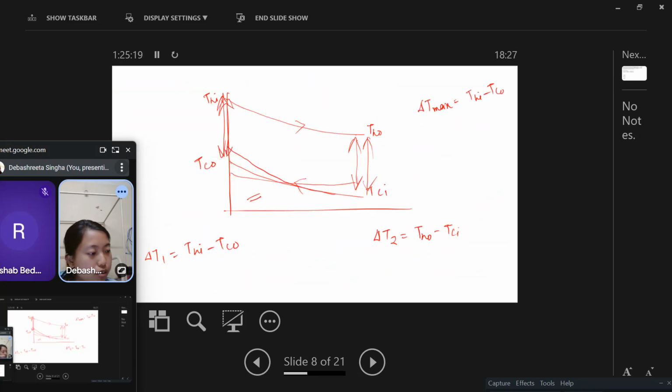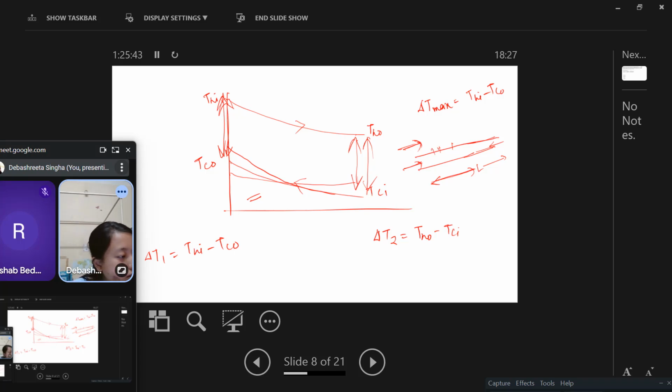you got my point. I mean, this is the heat exchanger. Hot fluid is flowing, cold fluid is flowing. This is the length of the heat exchanger. It might be parallel flow, it might be counter flow, anything.